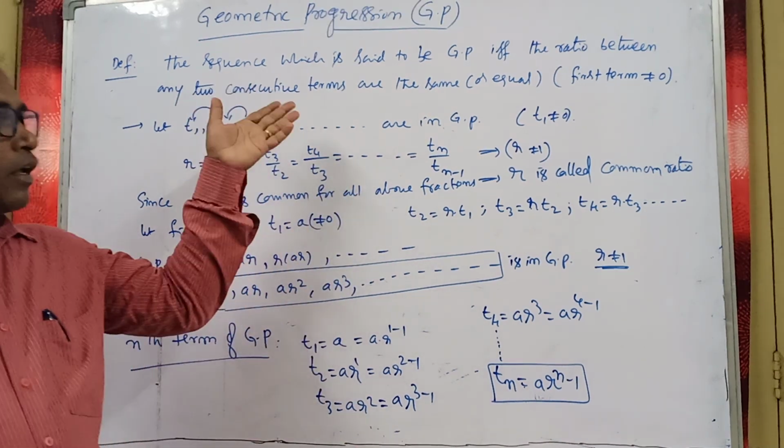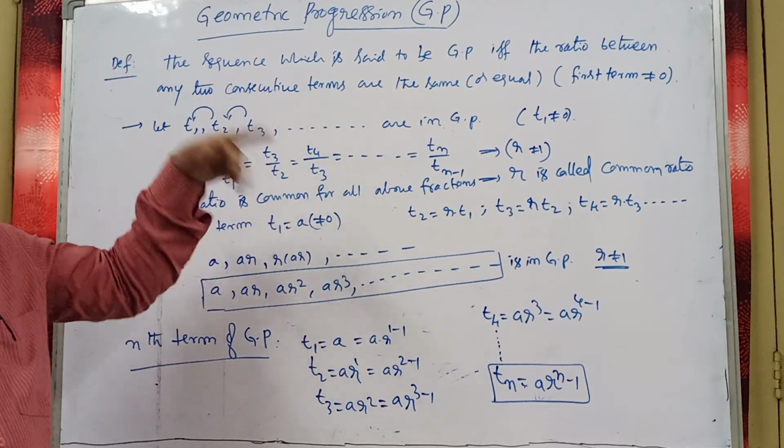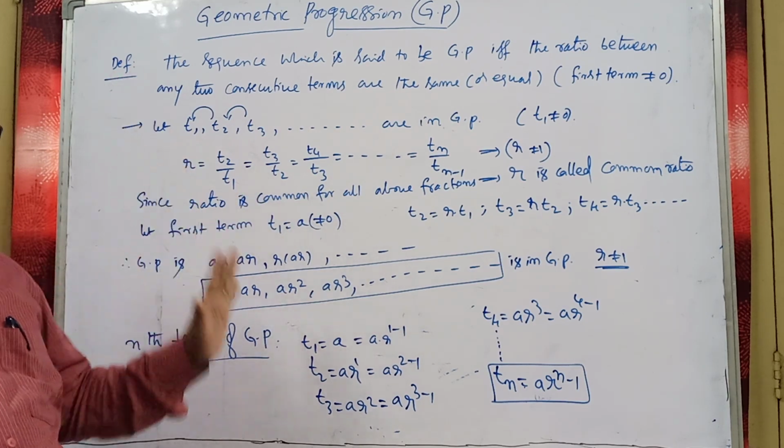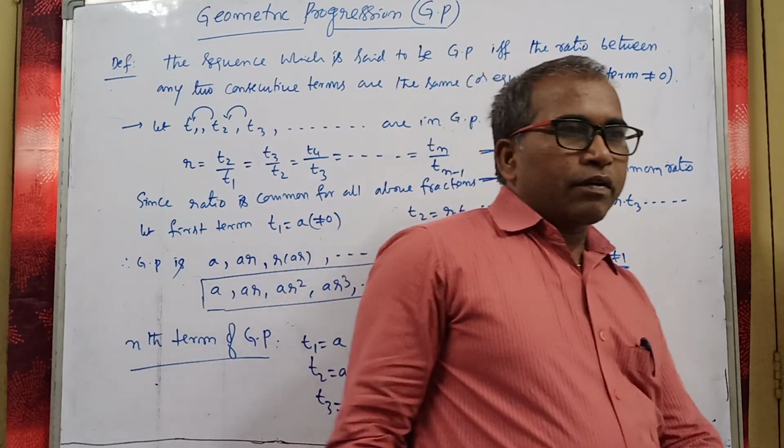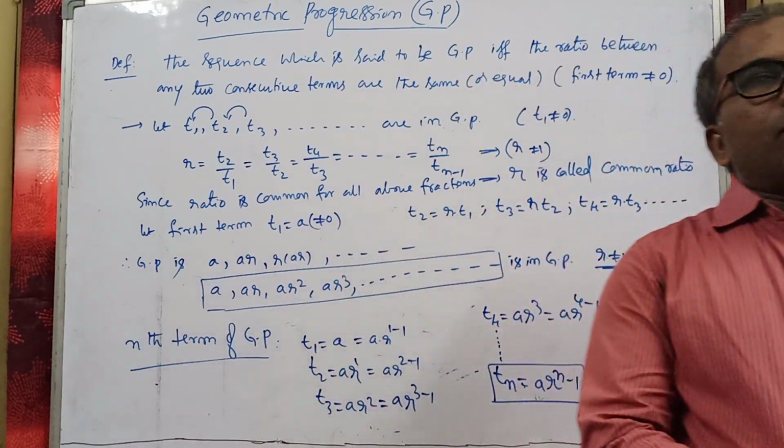Same as AP, here also the only difference is the ratio. The rest of everything remains the same. Please copy. I will give one minute. Then I will do one or two problems.